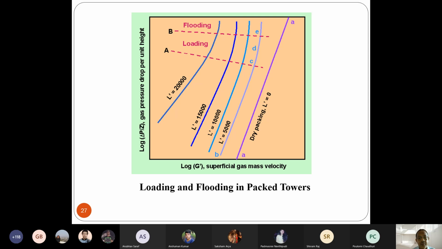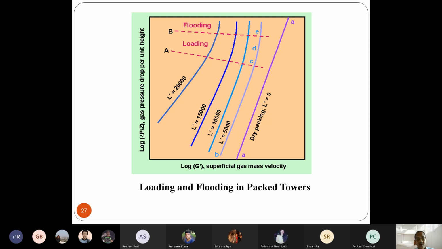So we have seen in case of tray tower that one inoperative situation is the flooding of the tower, where the whole tower will be filled up with the liquid, and in that case the gas liquid contact is very poor, and sometimes during flooding we'll see that liquid is coming out from the exit pipe at the top where gas is supposed to come out.